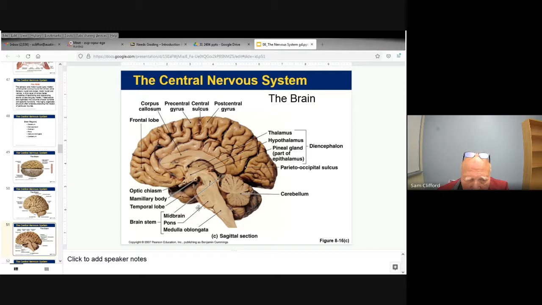So we have midbrain, pons, and medulla oblongata. The cranial nerves, which we'll see in a moment, originate in the pons, the medulla oblongata, and the brainstem area.